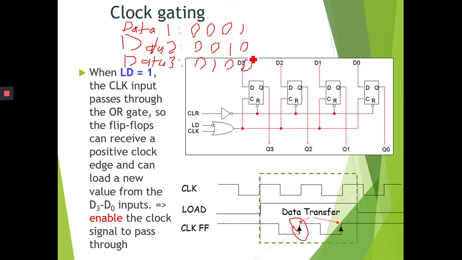Let's say at first we have data 1 at the output, which is 0001.